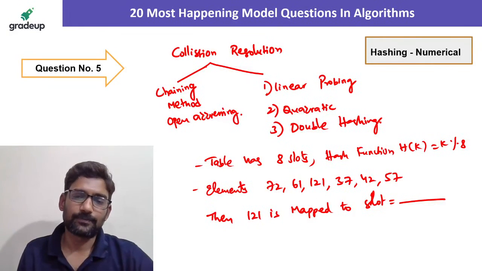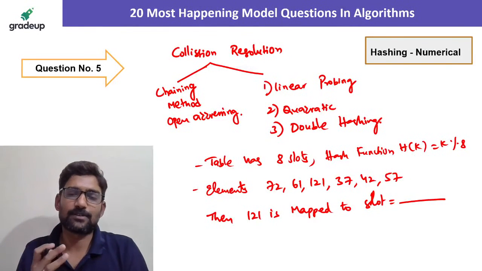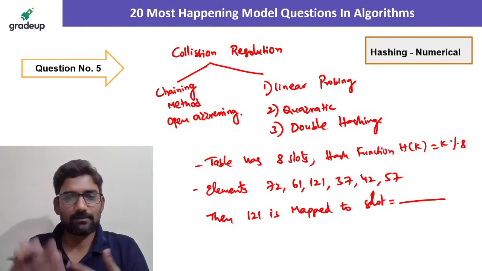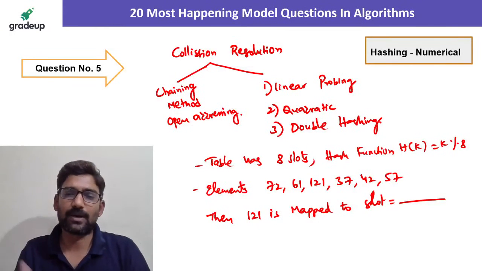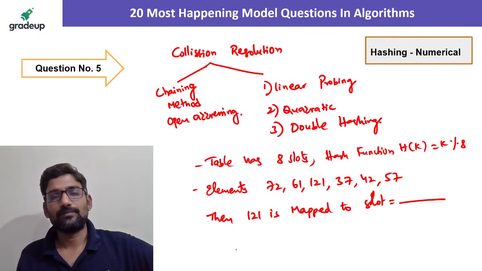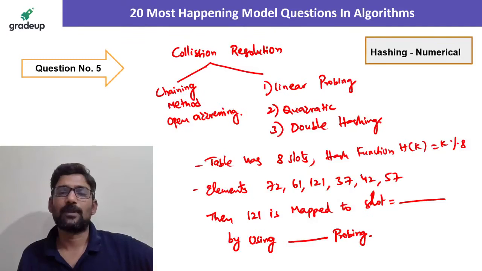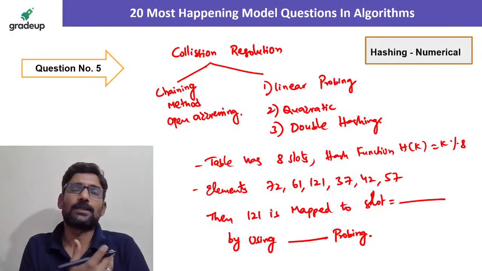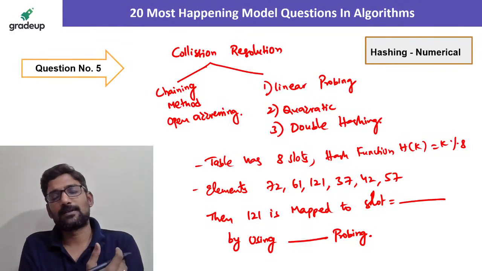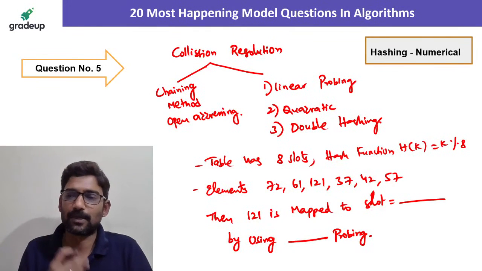Something like this. Or which has the same slot, which has a different slot. If you get a collision, you will resolve it by some linear probing, quadratic probing, or double hashing. Some probing technique will be given. If you follow this probing technique, what slots do these keys get? This is the 5th model question.